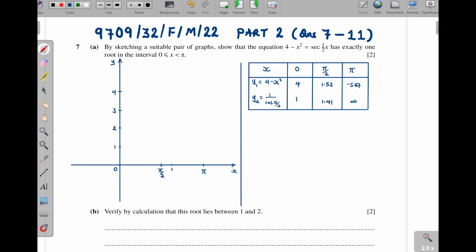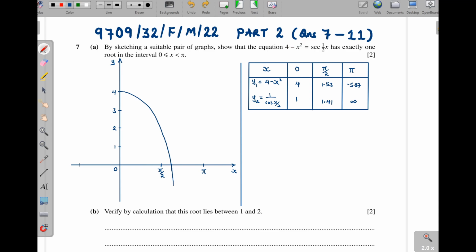That's the turning point. Of course, another 2 will be this way. So it is coming like that. It is turning from there. So I'll just do like this. It is an n-shaped curve. Okay, the coefficient of x squared is a negative.